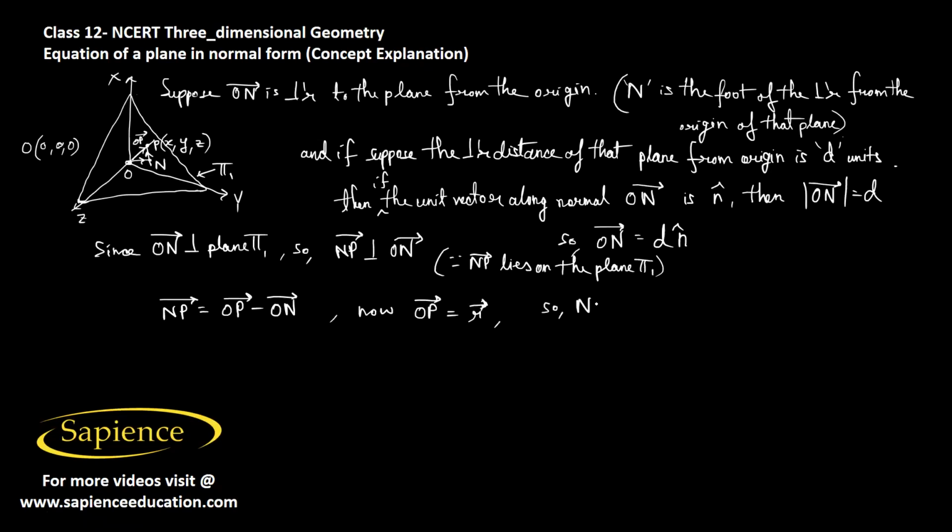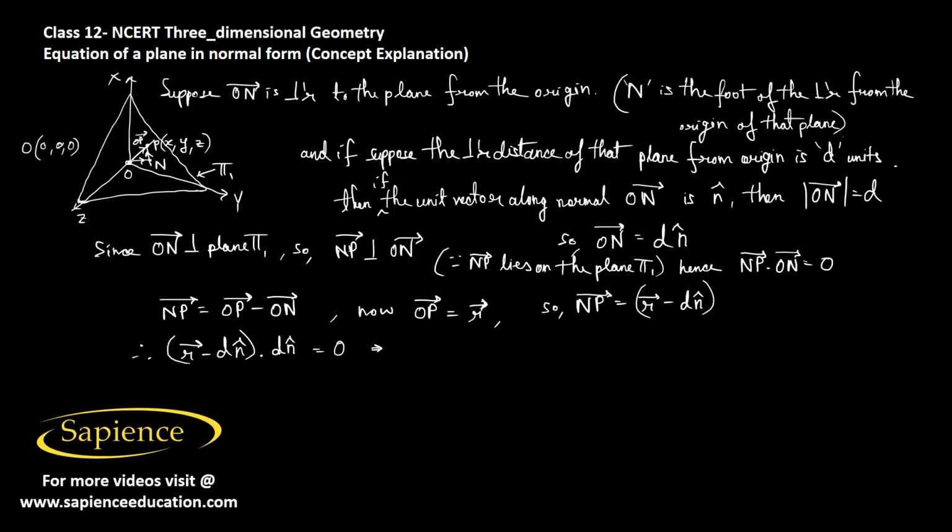So NP vector is r vector minus d into n cap. NP vector is perpendicular to ON vector. Hence, NP vector dot ON vector should be equal to 0. Therefore, r vector minus d n cap, dot product with ON vector, which is d into n cap, should be equal to 0.